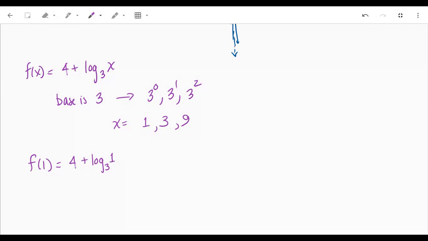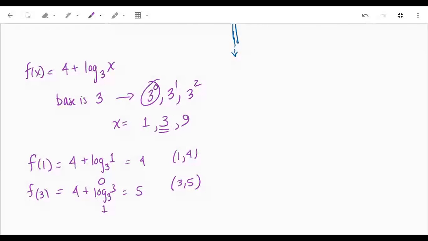So 3 to what power is 1? 3 to the 0. That's why you chose it. Okay, so log base 3 of 1 is 0, so it's 4. So we have the point (1, 4). f of 3, our next x value that we want: 4 plus log base 3 of 3, and this is 1. So we get 5. It's the point (3, 5).